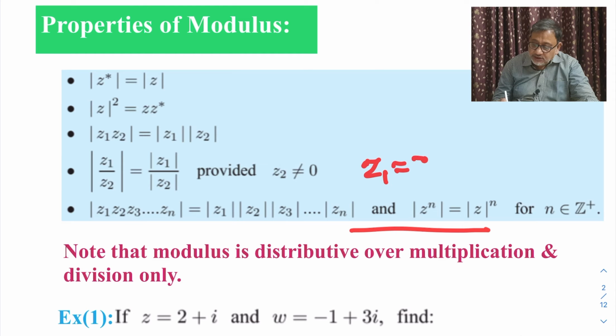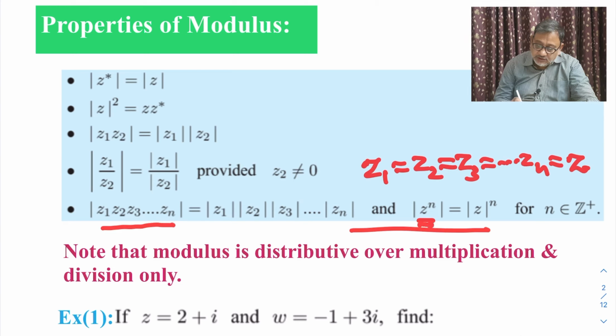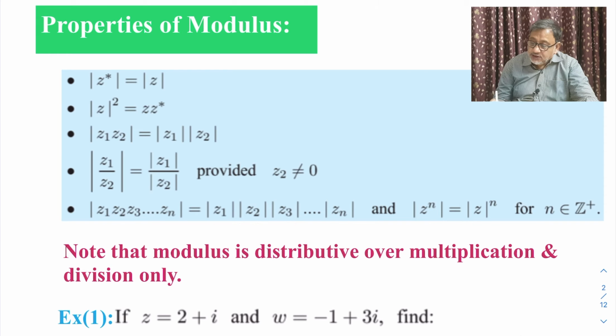So how can this be proved? If z1 is equal to z2 is equal to z3, and so on, is equal to zn, all of them being z, then z1 into z2 into zn becomes z to the power n, and on the right hand side modulus of z1, modulus of z2, modulus of z3 into modulus of zn becomes modulus of z to the power n.